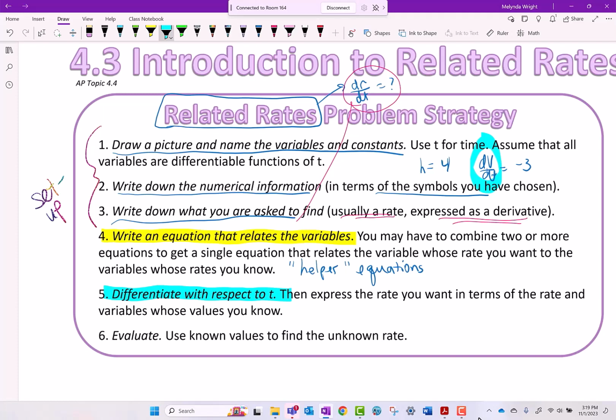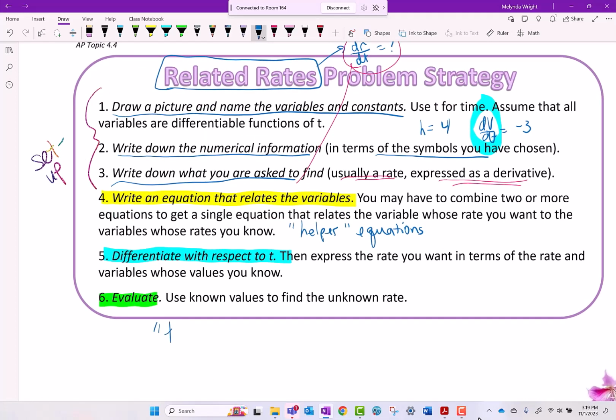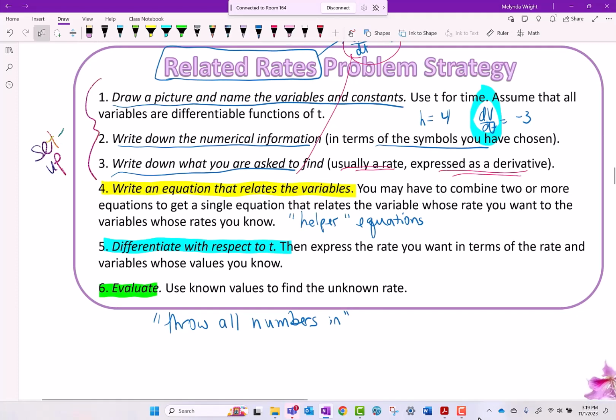The last thing we do is evaluate. In other words, we throw all the numbers in, and then we figure out what we're missing.